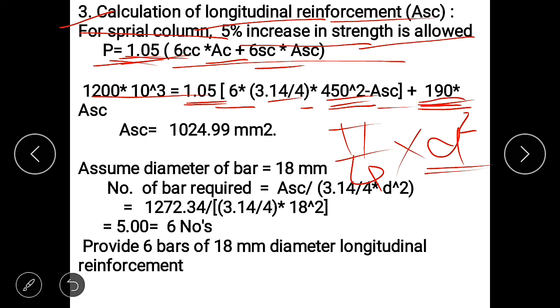So Asc we have to find here. Asc is 1024.99 mm square. So for that, assume the diameter of bar is 18 mm.